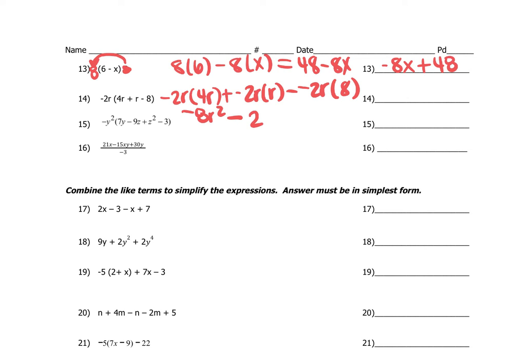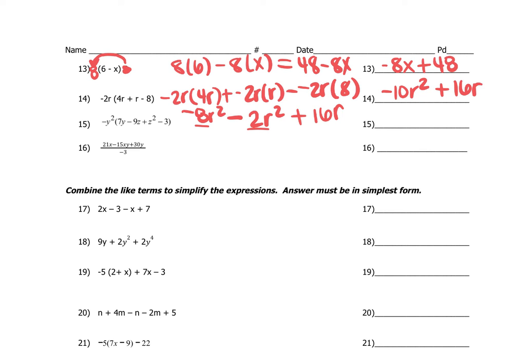And then it'll be 2r squared. Minus a negative turns into plus, and then we'll have 16r. Now we can put these two together because they both have r squared as their variable. Now a negative 8 and a negative 2 makes a negative 10r squared plus 16r.